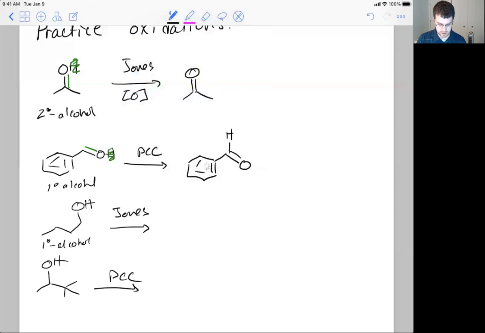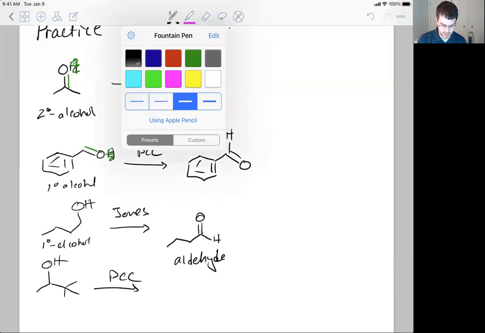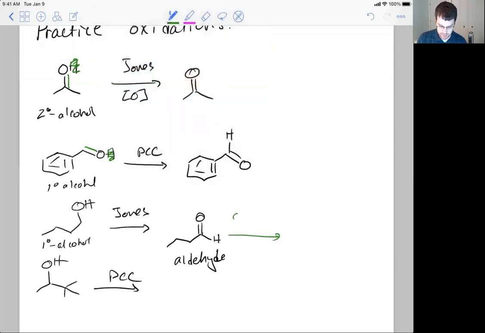Now the issue here is when we redraw the product after oxidation, we have an aldehyde. And so we have to recognize that with an aldehyde, we'll do over-oxidation.